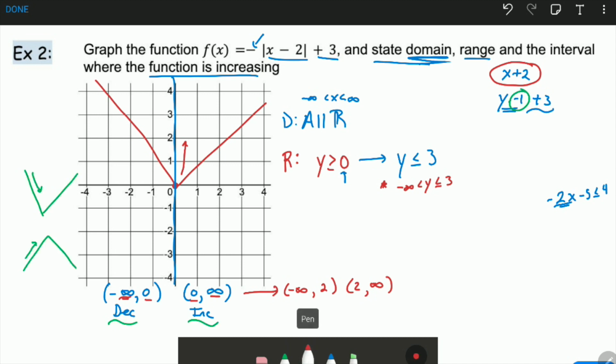And what was once increasing will be reflected and turned into decreasing. So decreasing becomes increasing, and increasing becomes decreasing. So the interval of increasing is, as we found earlier, negative infinity to 2. So the more comfortable you are with transformations in the parent functions, the easier this is, and you can do it without even writing out graphs.